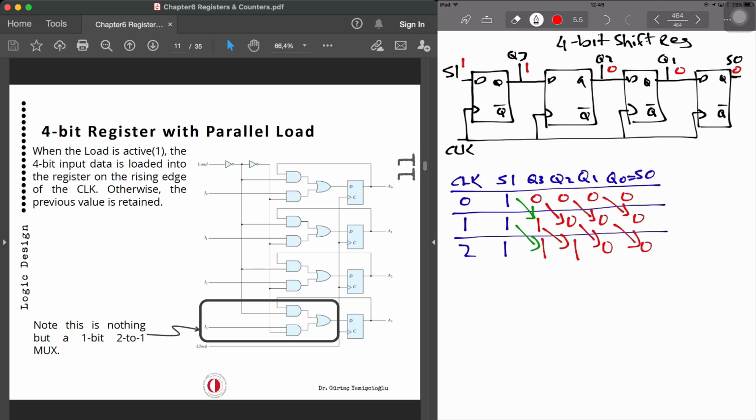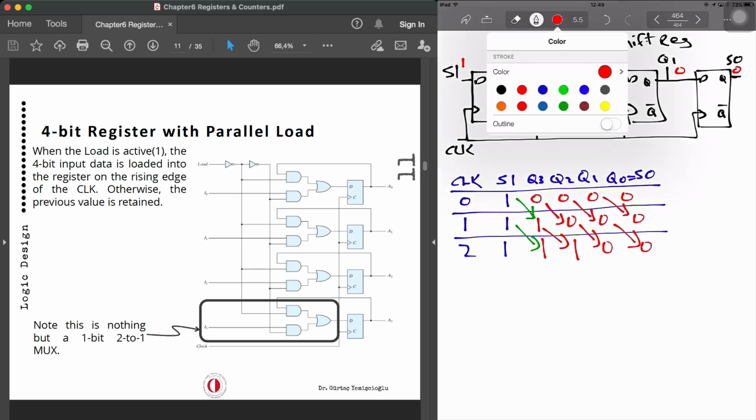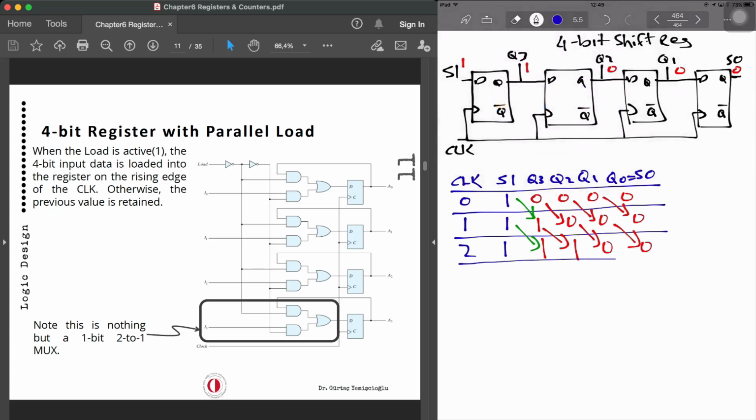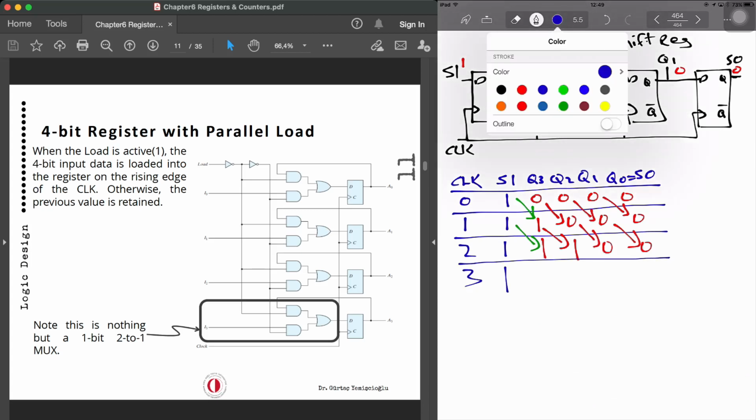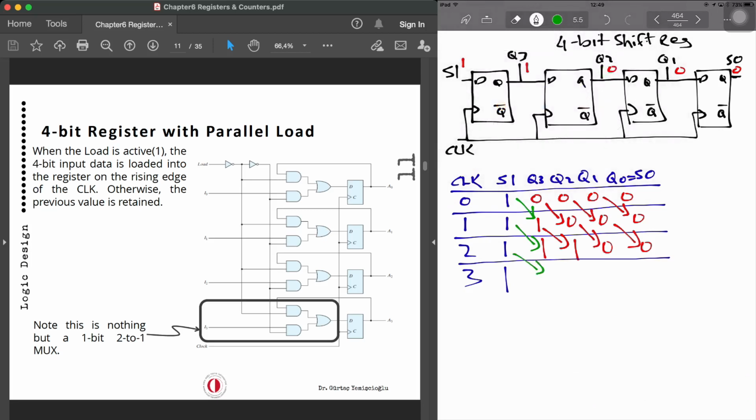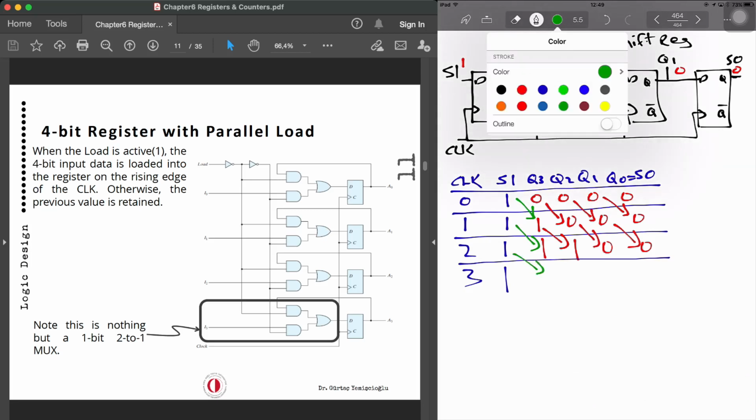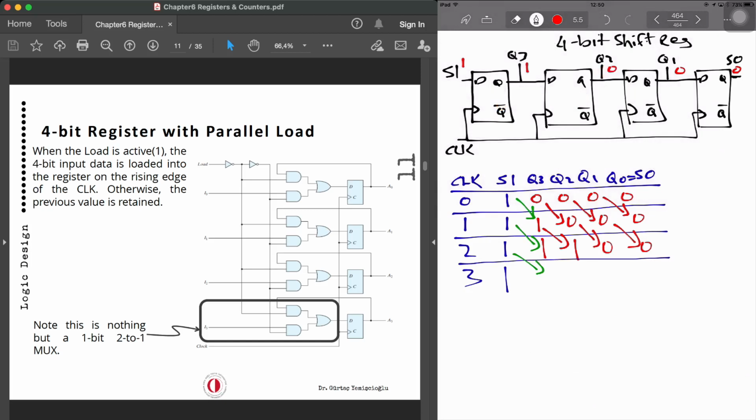Then I can repeat that. I can add another cycle with another 1, for example. Now the previous one will be shifted on the clock so that the new data can come in. And that one will be shifted, and that one will be shifted, and that 0 will be at the output. Okay?